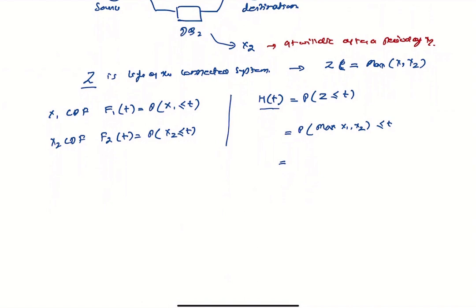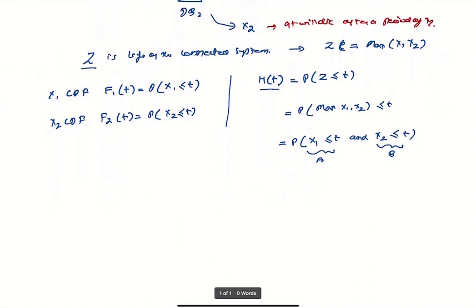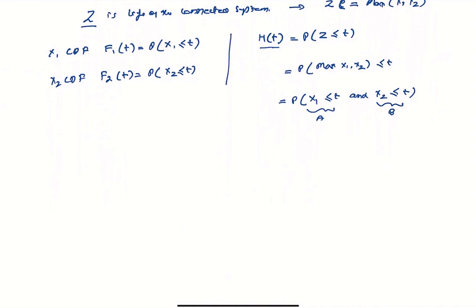So that can also be written as the probability of x1 less than or equal to t and x2 less than or equal to t, which is nothing but A, and I think this is B. Now this can be represented as A intersection B, and since these two are independent events, their probability is just going to be a product of them.